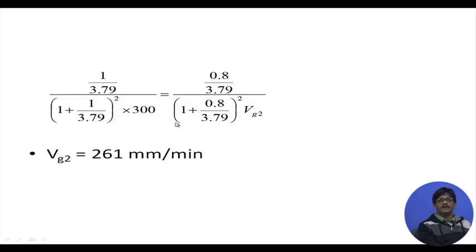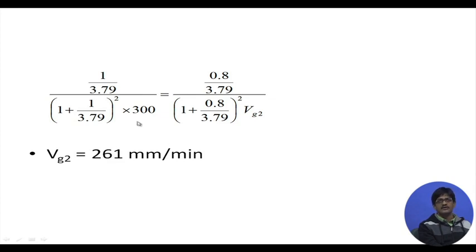Speed of grooving must be equal to the second loading factor, which is 0.8 divided by 3.79 divided by 1 plus R whole square, into this is the unknown, from which we find out that he has to employ this particular speed. He has no other option.